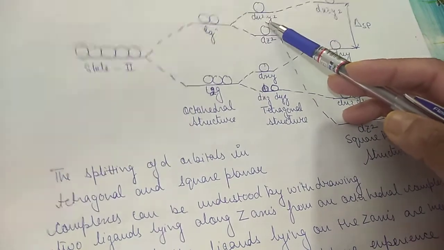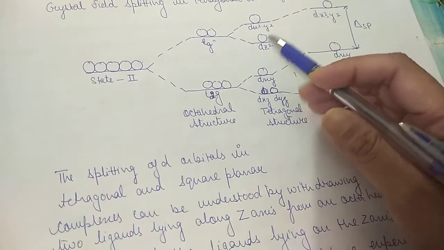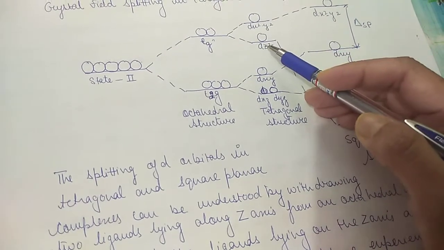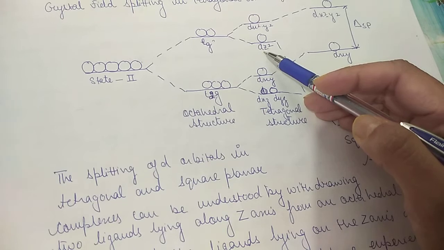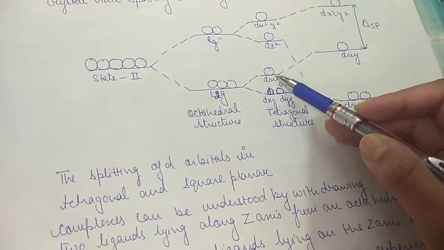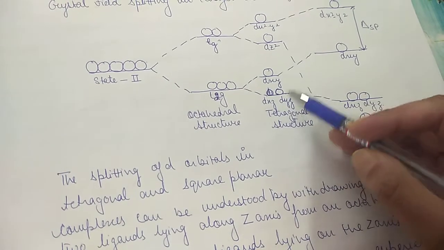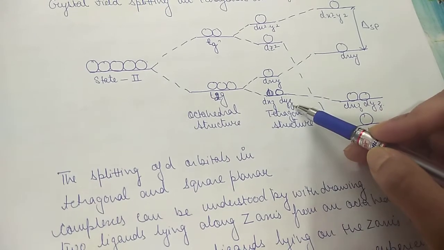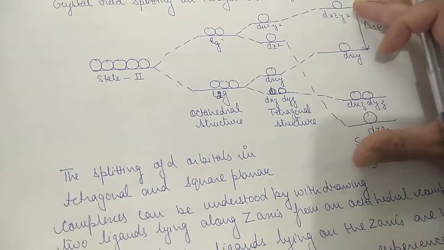The energy of dx square minus y square further increases, while the energy of dz square decreases, and the energy of dxy increases and the energy of dxz and dyz decreases.